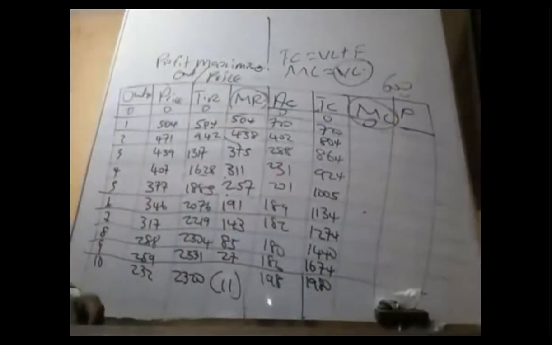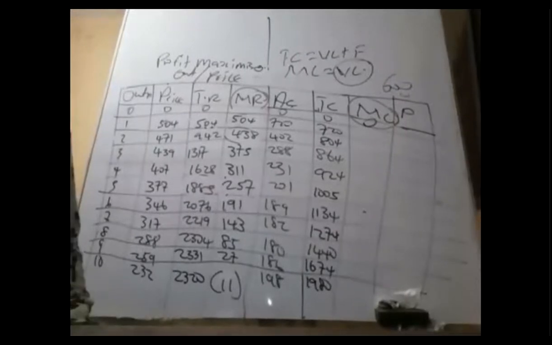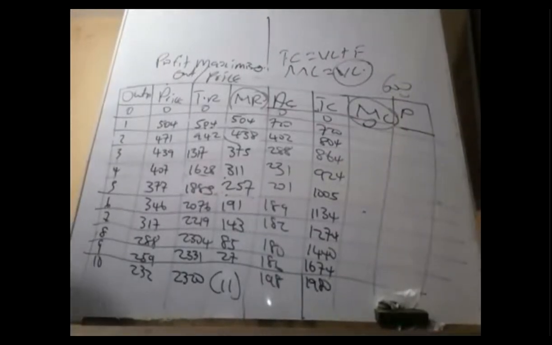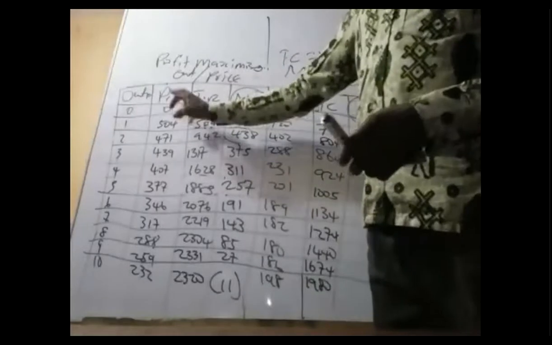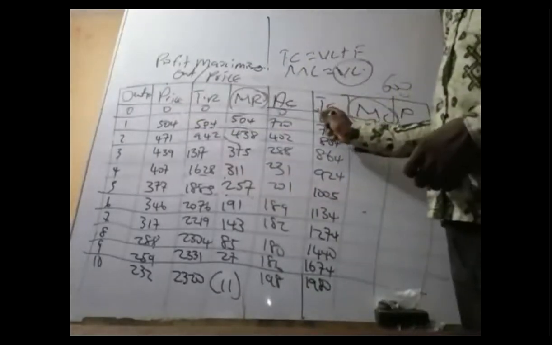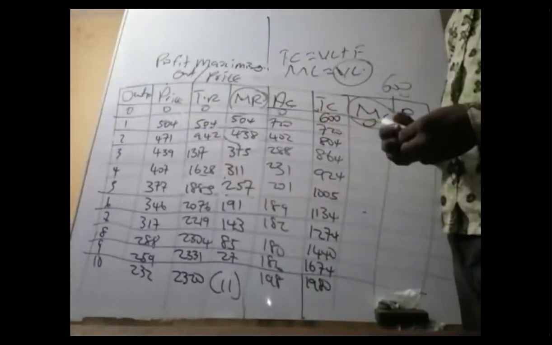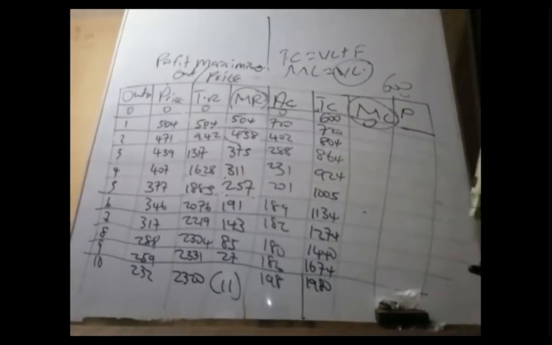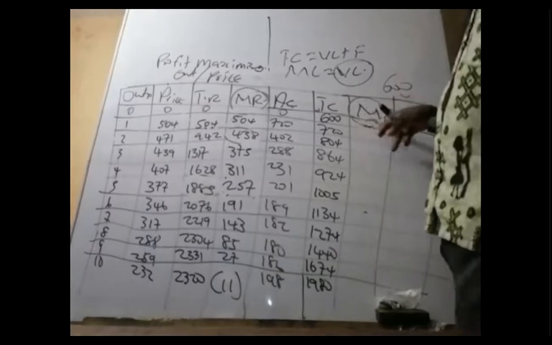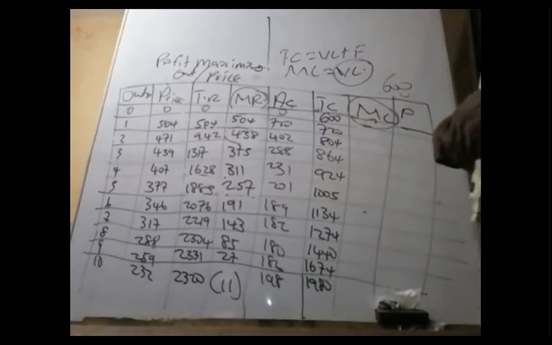So basically, that is that. So that's the approach you're going to use, not the change. Okay, so the fixed cost is 600. So probably we can include it here, when the output is 0, total cost is 600. Now we are finding marginal cost.